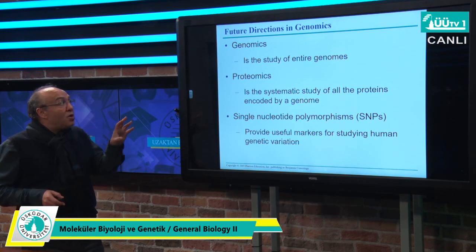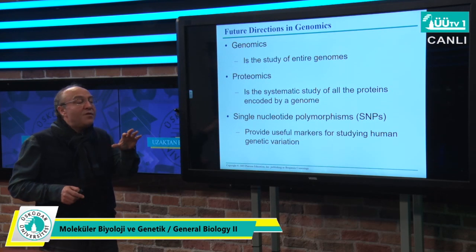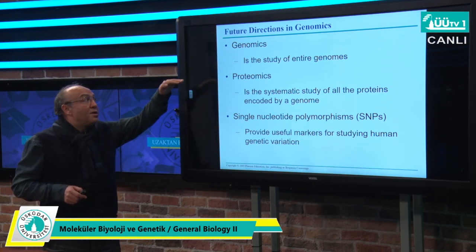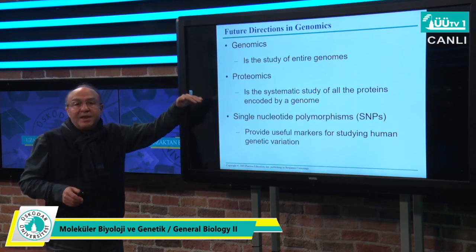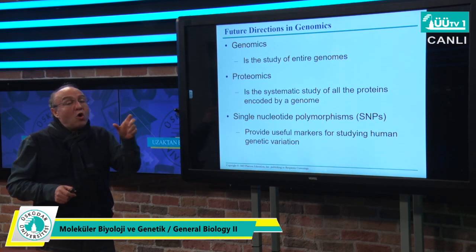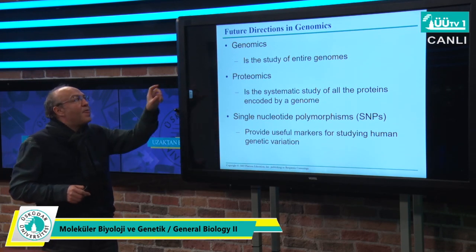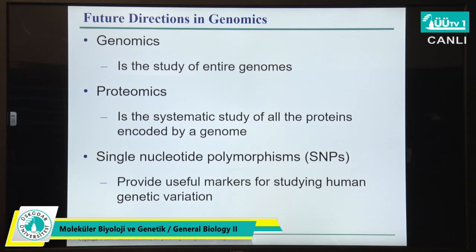If we only talk about genomics, it gives some clues, but we have to have a look at the product of the genes, and it is mainly proteins. So there are omics technologies: genomics, proteomics, and now people are talking about lipidomics, which relates only to lipids.